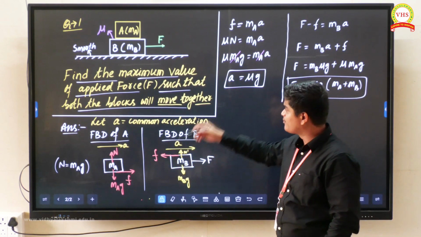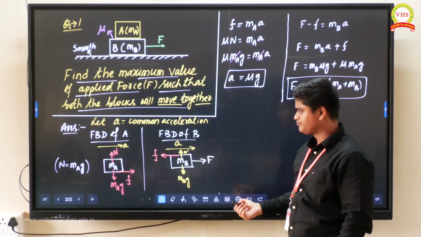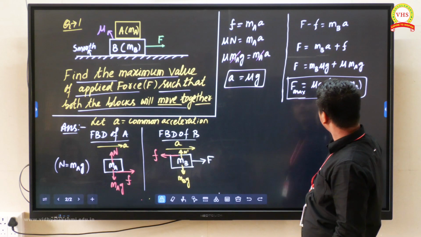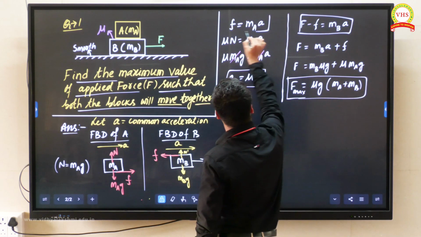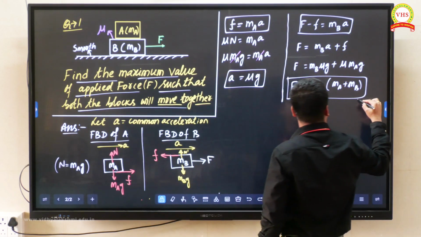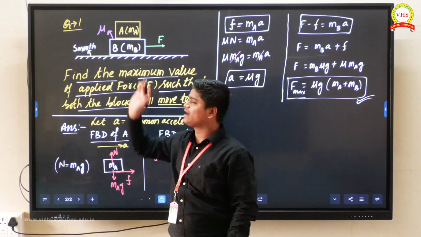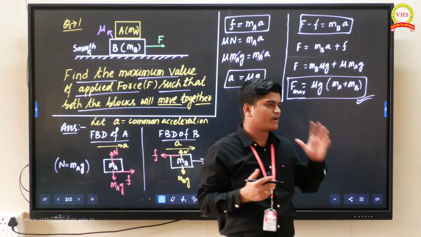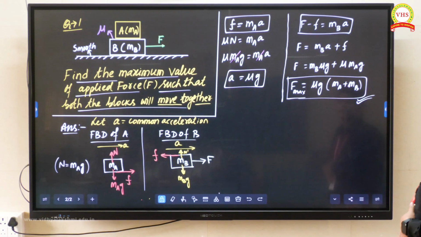You did the free body diagram of A and wrote some equations, then the free body diagram of B and wrote some equations, and by solving these two equations you get the answer for F max. If MA, MB values are given, mu value given, G value given, you can find F max.